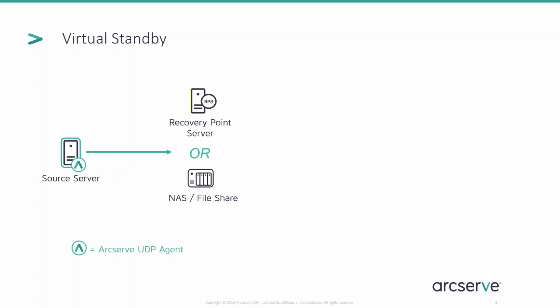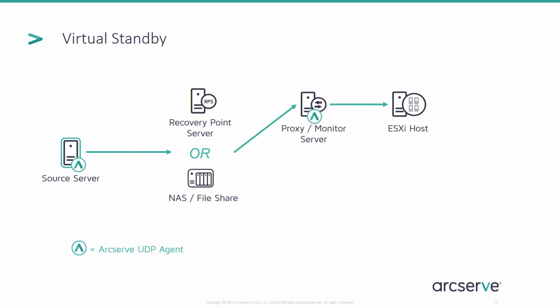Once we have that recovery point saved and it's been backed up, starting with the VMware platform, we can use a proxy or a monitor box and then send that data to the ESXi host. So what this does is, by using a proxy, we can offload the load from the source server to do the conversion. If we don't have that proxy, that's fine.